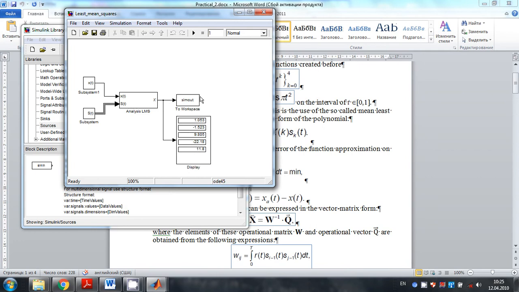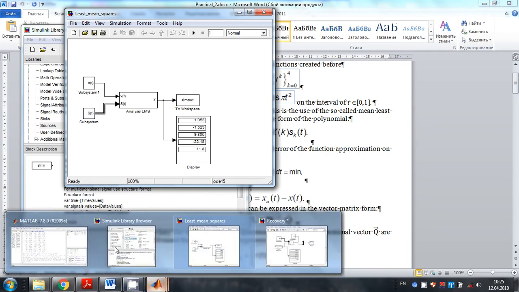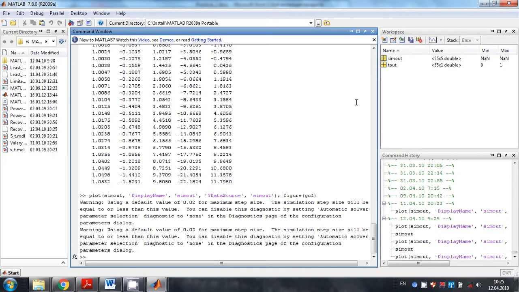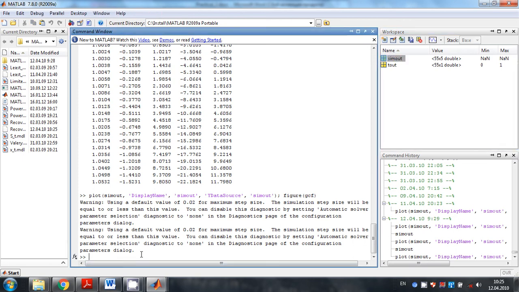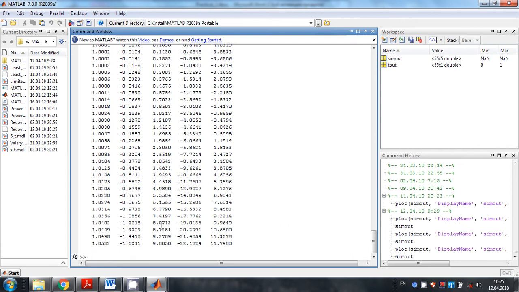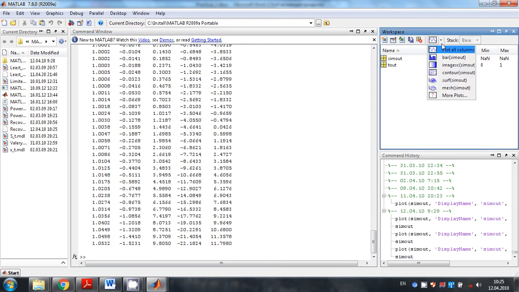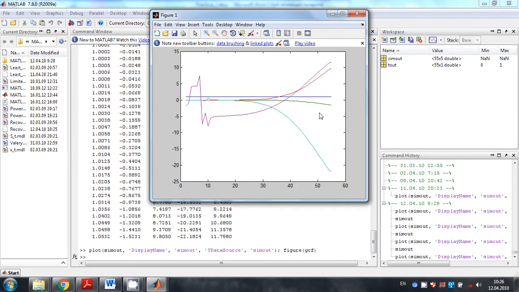We can output them here by just typing sim out. So we've got these coefficients and their whole previous history of how they develop. Actually, we can plot these coefficients, plot all columns, and we've got the whole history of how every coefficient develops in time. But we need only the final values of every coefficient. We can disregard this whole history and we need to pick just these final values.